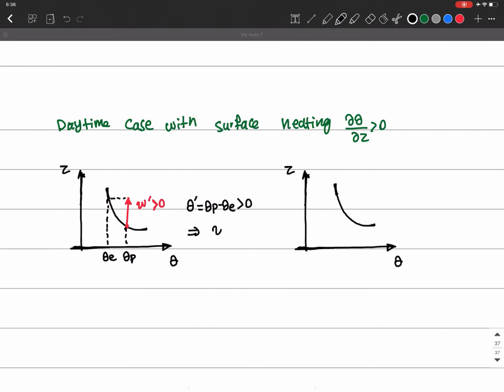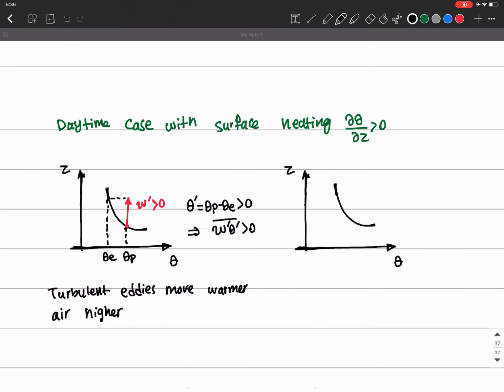So W prime theta prime bar is going to be positive here. So turbulent eddies move warmer air higher.